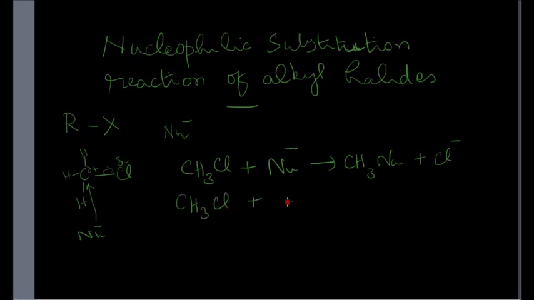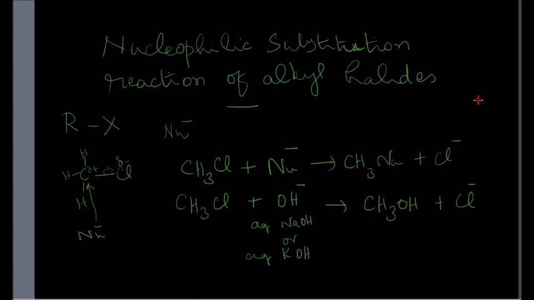I will give you a specific example of the nucleophile. For the nucleophile OH minus, you have to use the reagent aqueous NaOH or aqueous KOH. The Cl will be replaced by OH minus. You will get CH3OH, which is an alcohol.